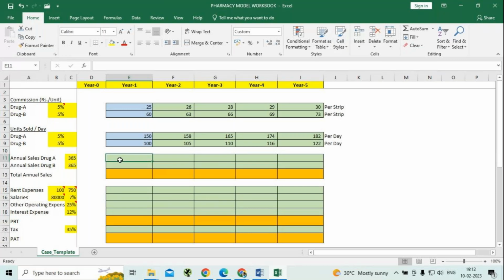Now, when I calculate this for the whole year, what could be the value? For the annual sales of drug A, it is equal to the commission value into the units sold into 365.